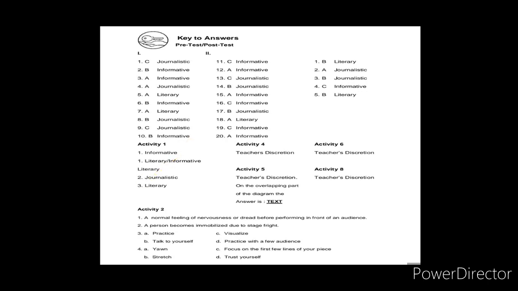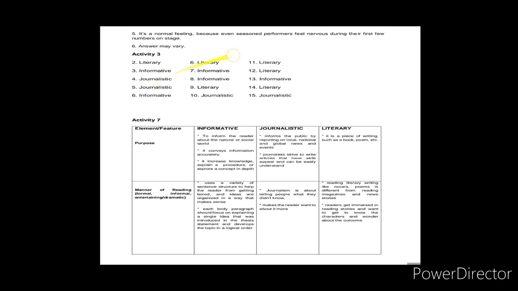Activity 1, check your answer. Activity 2, check your answer also about conquering stage fright. Activity 4, it's all about teacher's discretion. Activity 5, I'm just going to check as your teacher those answers that you have written. Activity 3, activity 7.